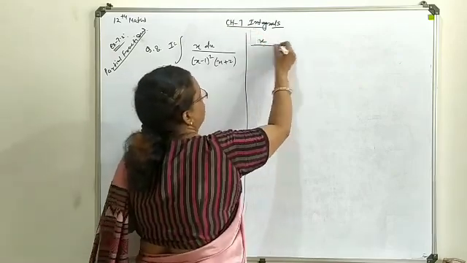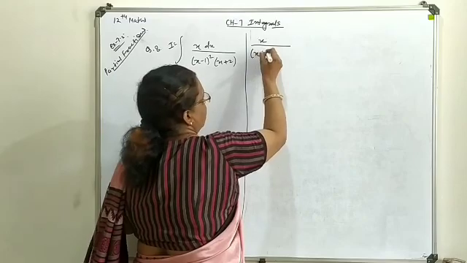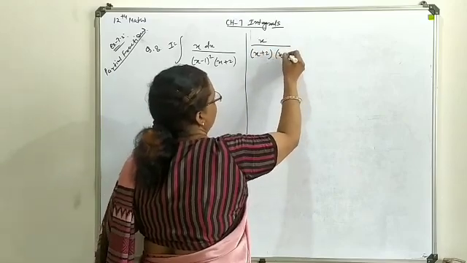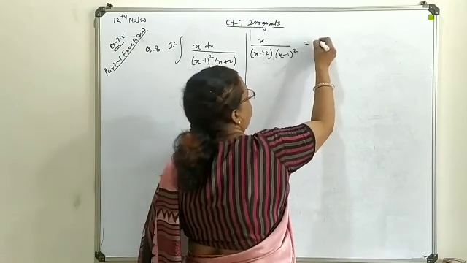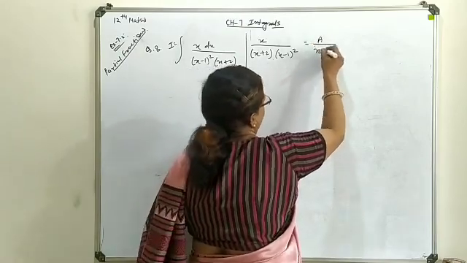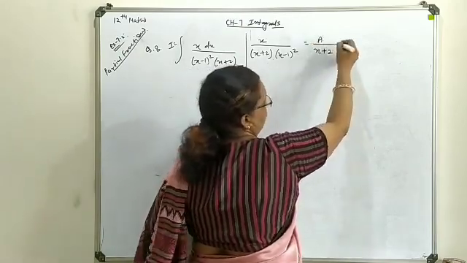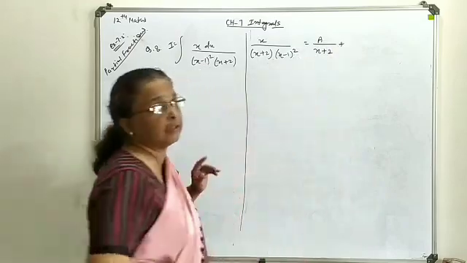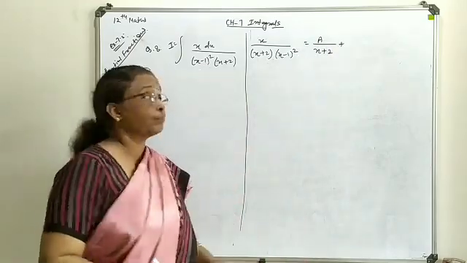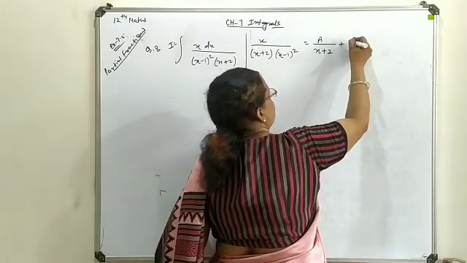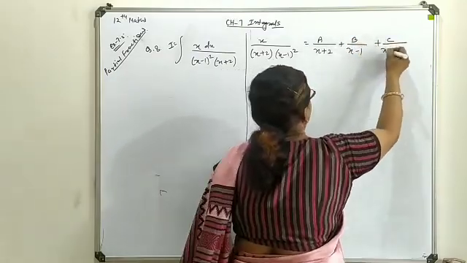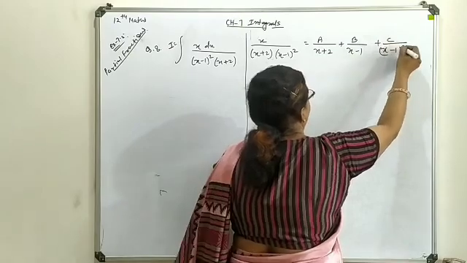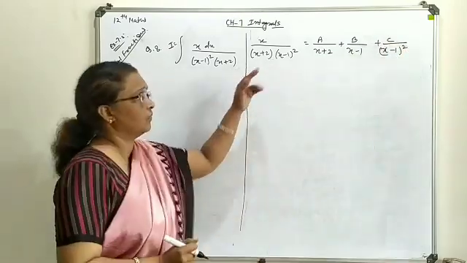For the x plus 2 term, I normally write a linear combination at the first position. So here it is A upon x plus 2, a linear combination with a single one. Now as we are dealing with the power 2, first of all one constant you will introduce as a linear combination, meaning B upon x minus 1, and the third one you will introduce as a power of the given term.